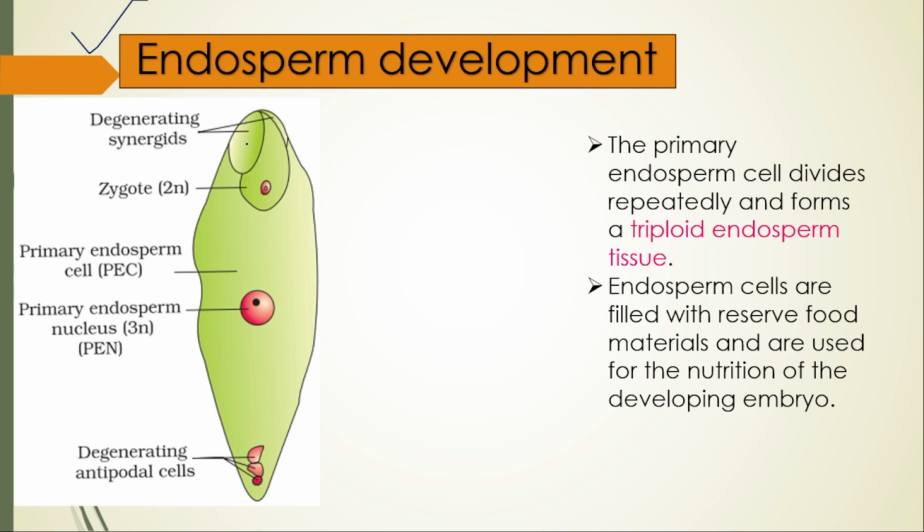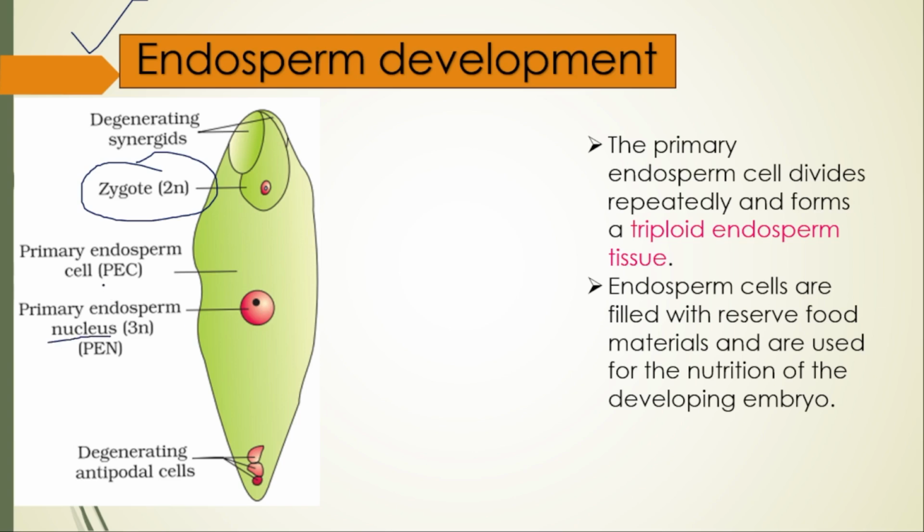See here, these synergids are already degrading, and the zygote is there. The zygote is a fusion of the male and female gamete, isn't it? And this one is the PEC, that is primary endosperm cell, and PEN is primary endosperm nucleus.